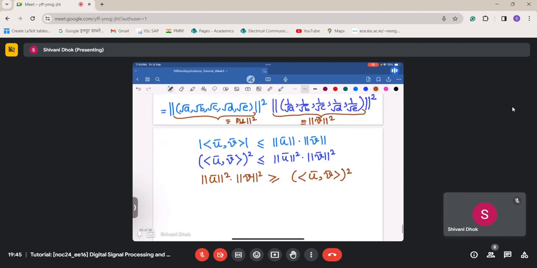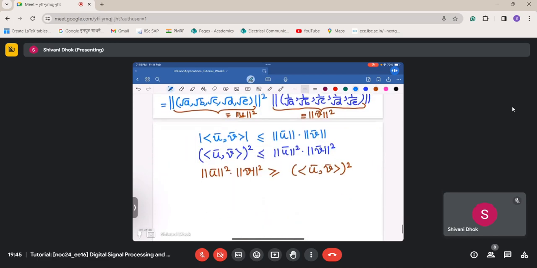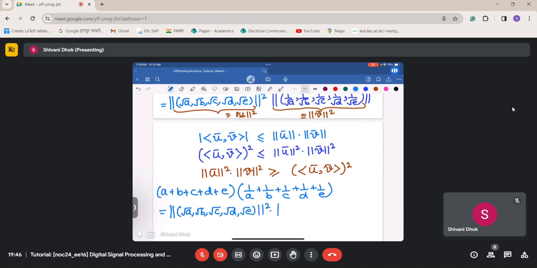So what we have is A plus B plus C plus D plus E multiplied by 1 by A plus 1 by B plus 1 by C plus 1 by D plus 1 by E, which we found as the norm of root A, root B, root C, root D, root E squared, multiplied by the norm of the vector 1 by root A, 1 by root B, 1 by root C, 1 by root D, 1 by root E squared.